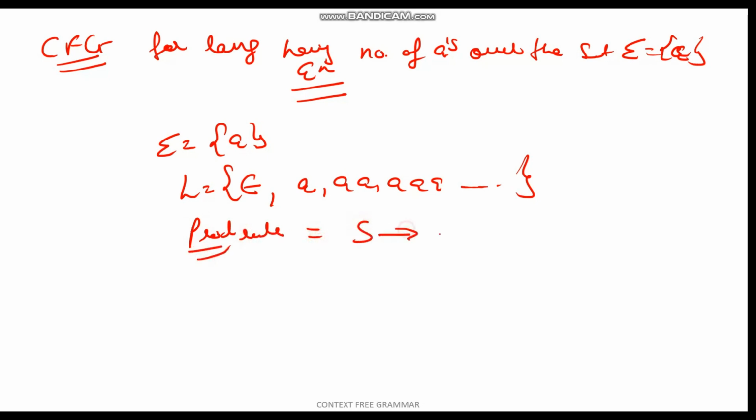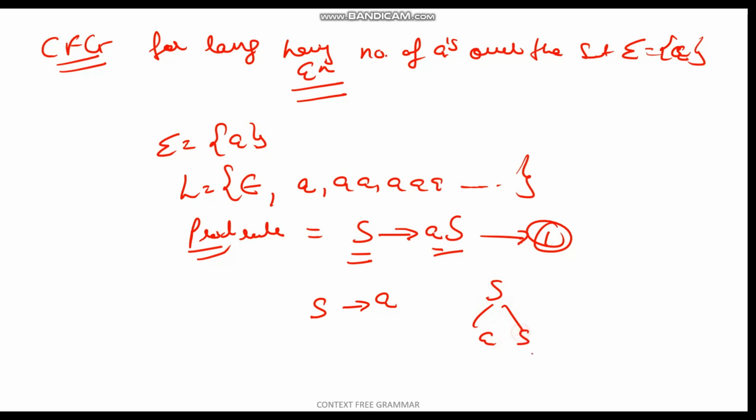So the production rule is something like this, which says S is the starting symbol, this is a mandatory rule, S goes to a followed by S, which is the first production rule, and we can also say S goes to a. So what is happening over here: if we start with S, this S is further substituted as a.